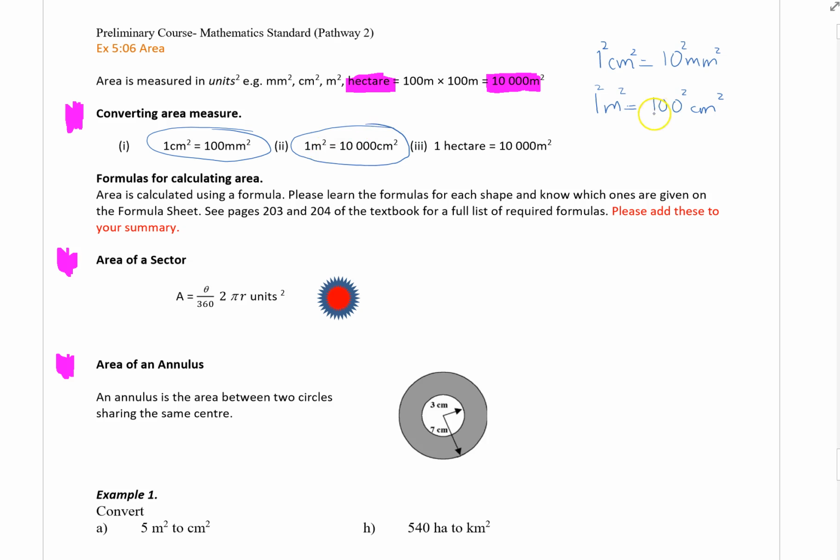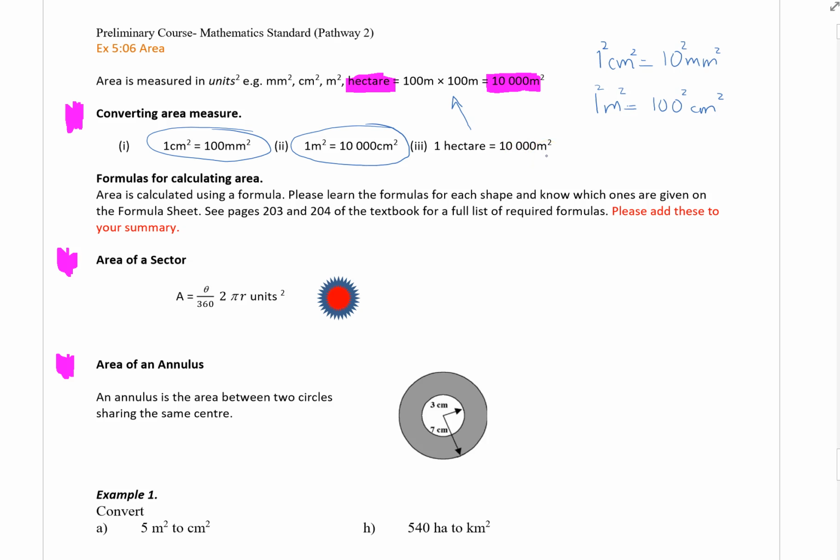Metres squared and 100 squared is 100 times 100. That would be 10 to the power 4, or 1 with 4 zeros, or 10,000 centimetres squared. You can see from above where the hectare comes from. 1 hectare is 100 metres by 100 metres. Multiplying 100 by 100 we just saw was a 1 with 4 noughts, or in this case, again, 10,000 square metres.